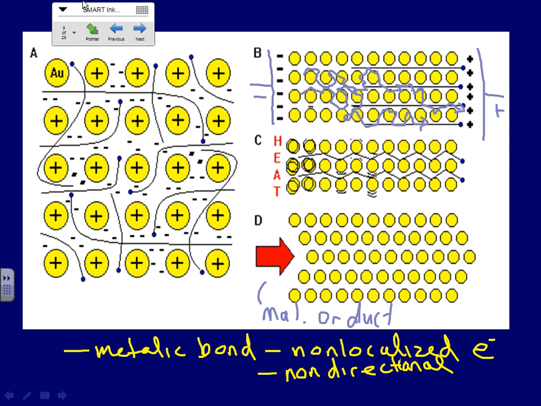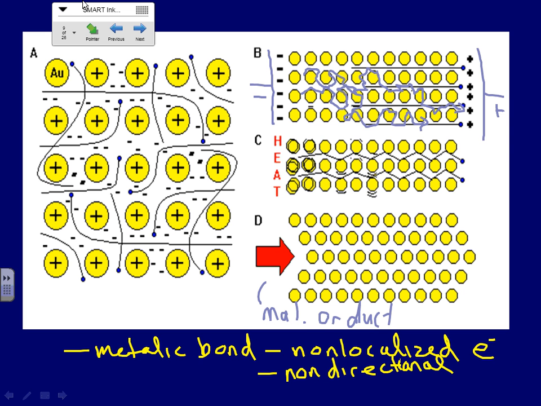An ionic solid, if you hammer it hard enough, because it's directional, it fractures and breaks. But a metallic bond, if you hammer it hard enough, all it does is shift the nuclei. But because the bond is delocalized, it just makes the bond bend around the corner and still holds the bulk material together.